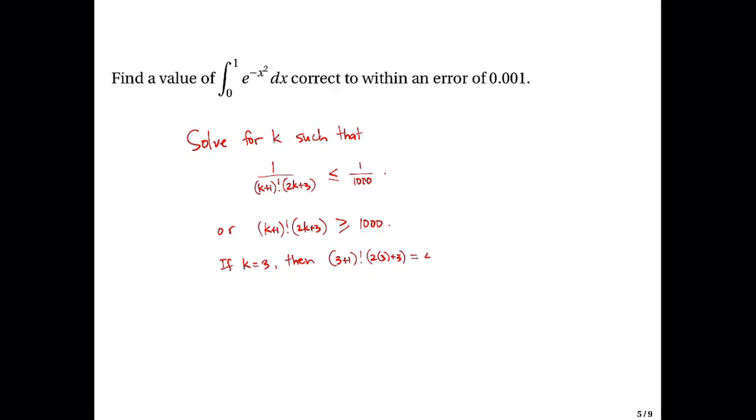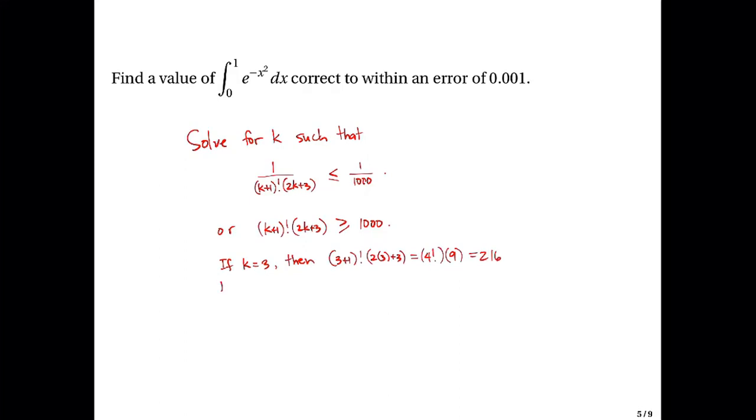You have here 4 factorial times 2 times 3, that's 6, plus 3, that's 9. So 4 factorial times 9. What is 4 factorial times 9? 4 times 3 times 2 times 9. This is 216. So it's not that k.